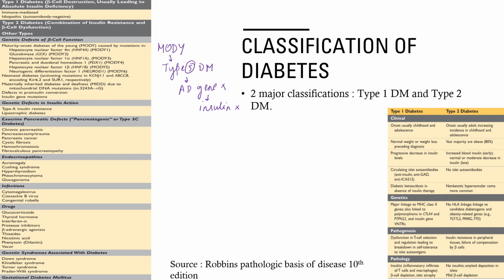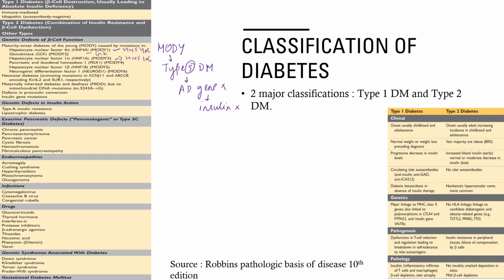There is MODY1, as you can see here, where there is a defect in HNF4 alpha or hepatocyte nuclear factor 4 alpha. There is MODY2 where there is a defect of the glucokinase gene. There is MODY3 where there is a defect in hepatocyte nuclear factor 1 alpha, and so on.